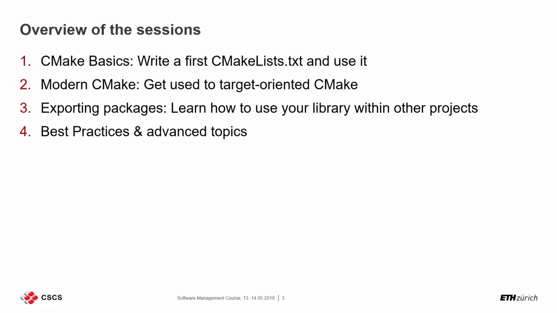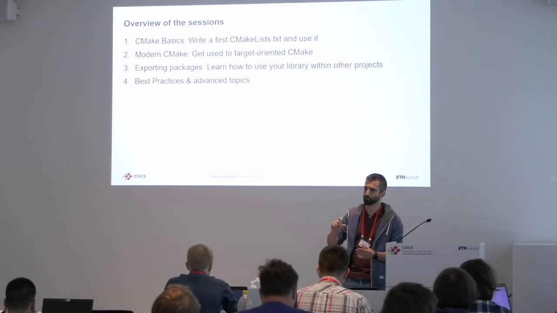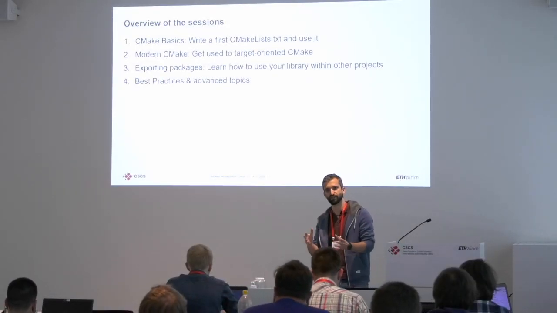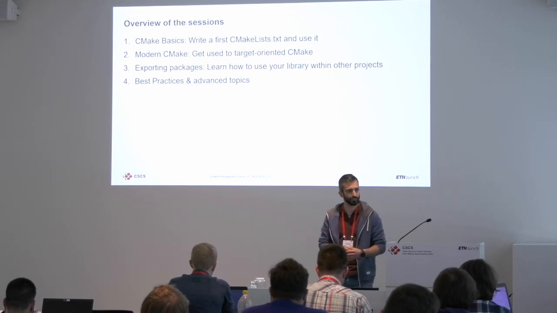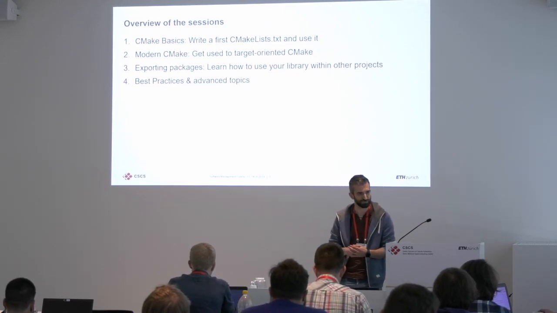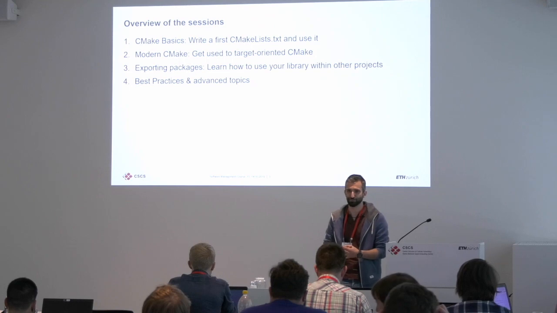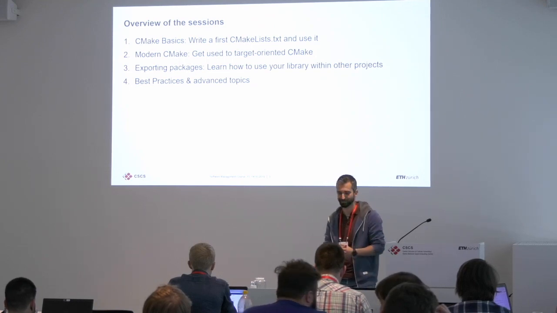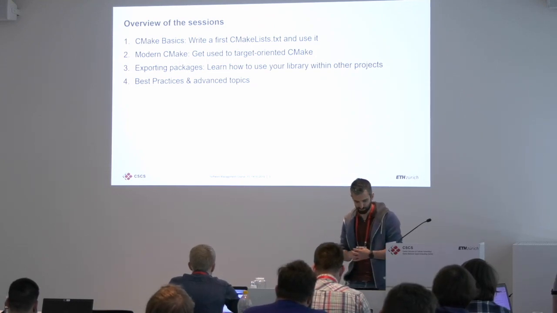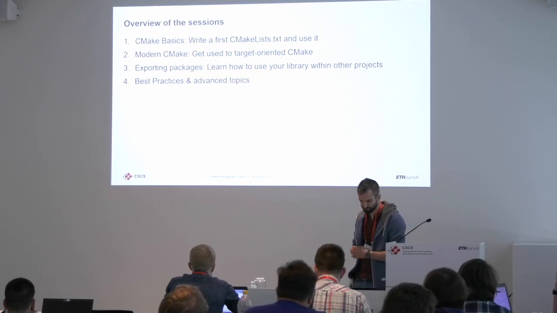And the 4th session is about best practices and some advanced topics, more like individual self-contained small bits. And here I could borrow some time to John, if you want to learn more about Git than about advanced CMake.